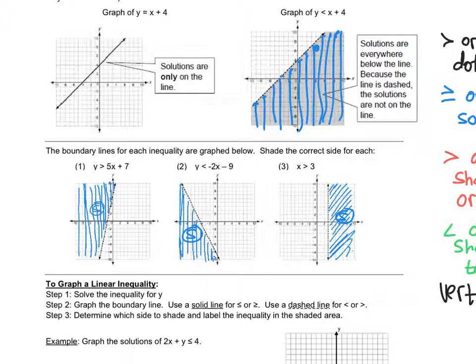Right, so the question would be, how do I create some of these graphs on my calculator? And so we start off the same way. I'll take the y equals 5x plus 7. I have to type it in as y equals 5x plus 7. You don't have a choice in that, right? But we can actually manipulate the shading so that it'll shade the appropriate region for us, all right?